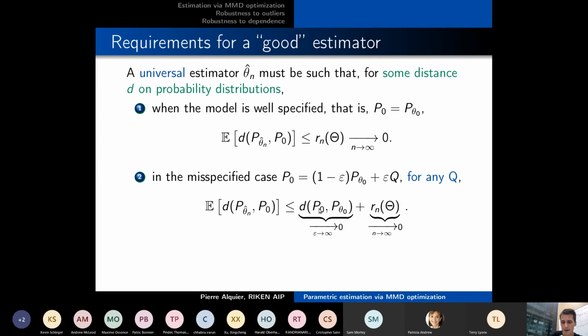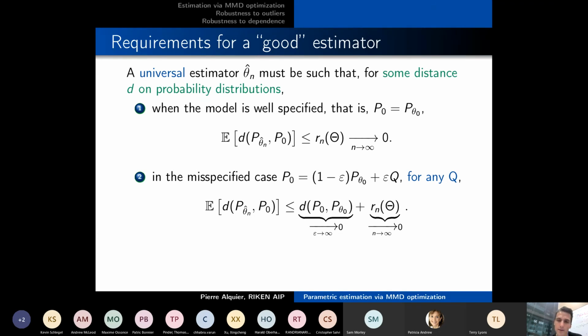Hopefully, this distance between P naught and P theta naught, when P naught is written as a mixture of the true distribution plus contamination, as in the Huber model, I would like this to tend to 0 as epsilon tends to 0, which will be true or not depending on the distance d.